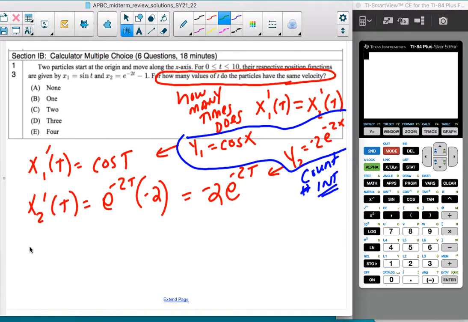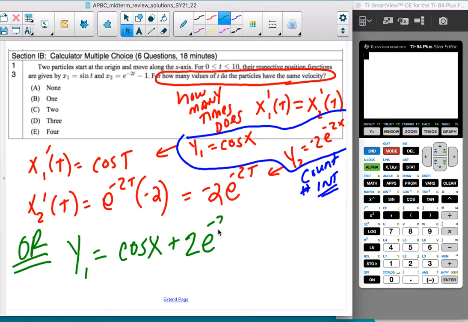Or, and I think either of these is fine, you could put your y1 in your calculator as one of them minus the other and second calc zero. Because if they're equal, you could subtract over and say, hey, cosine of x minus negative 2e to the negative 2x, and then I would be looking for the zeros. So then I would be counting the zeros. Either of those is fine, right?